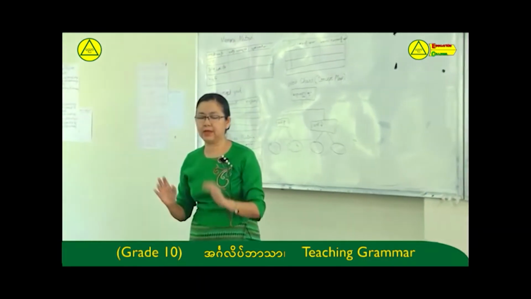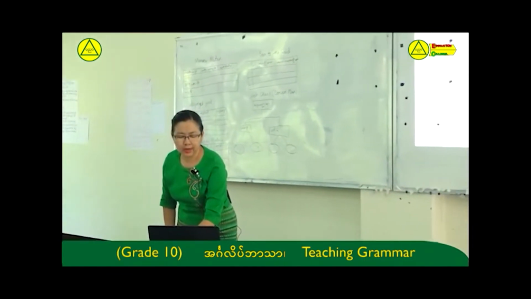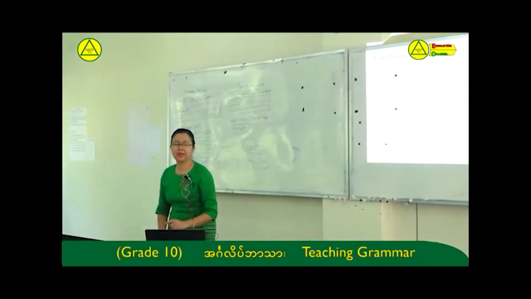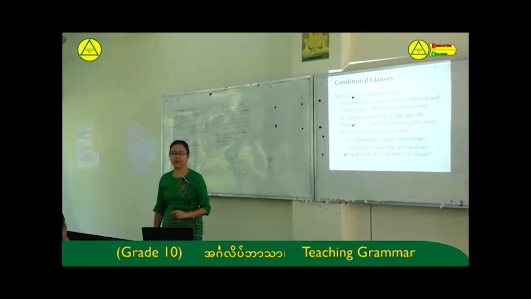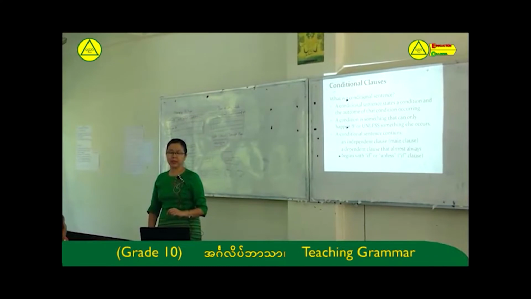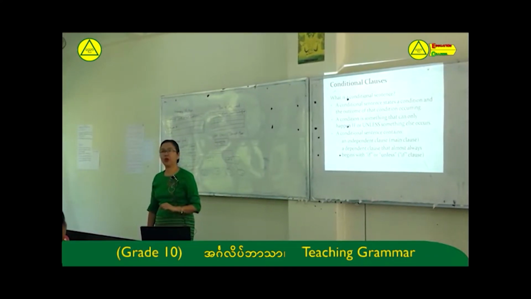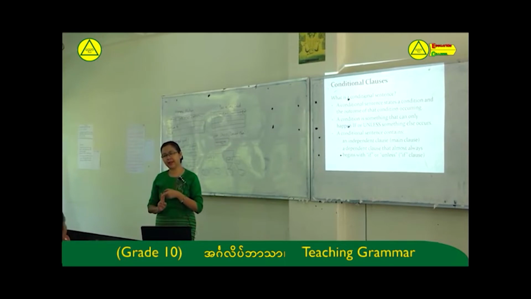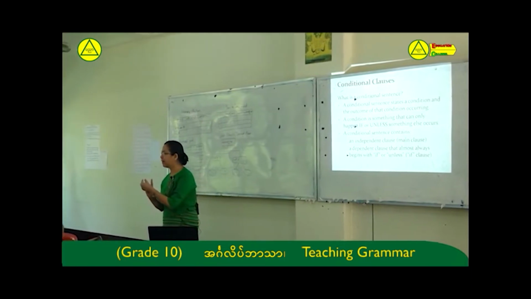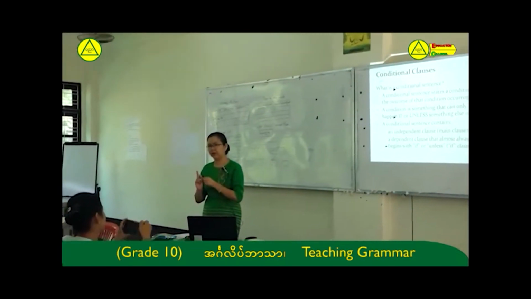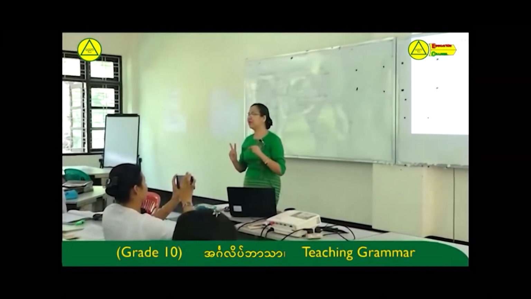It cannot exist alone. Here, the main clause, and another clause is a dependent clause, that almost always begins with if or unless. We usually call it the if clause. How many clauses are there in a conditional sentence? Two clauses. They are the if clause and the main clause. Okay, what does the if clause express?